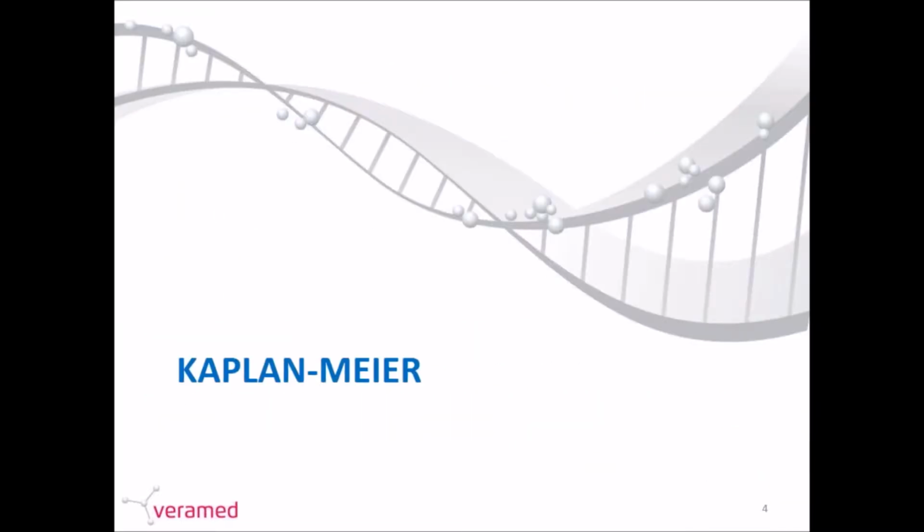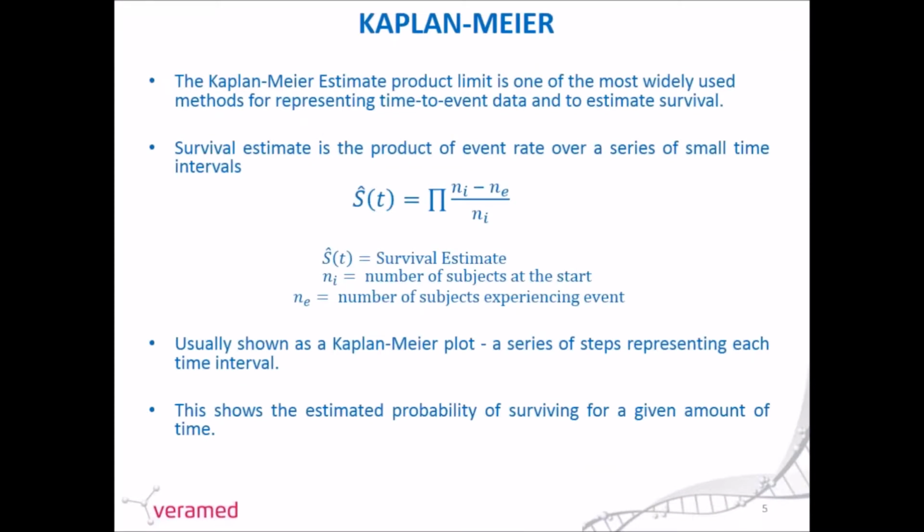First, let's look at Kaplan Meier. So the Kaplan Meier estimate is quite widely used to show survival over time. It's usually calculated as the product of the event rate over a small series of steps.